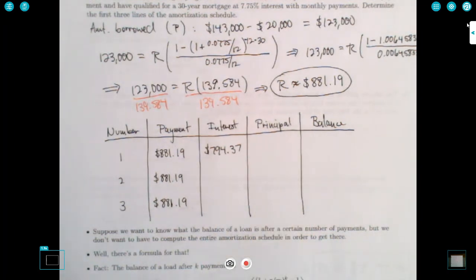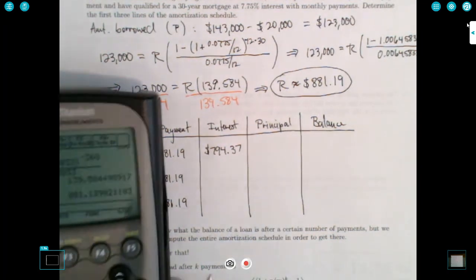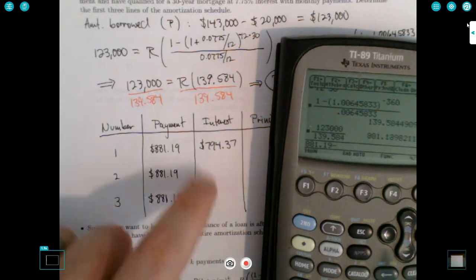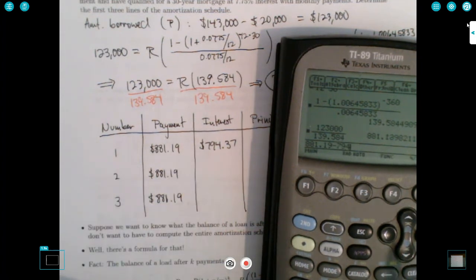The amount that goes towards the principal is going to be the payment that they made, $881.19, minus the interest, $794.37.